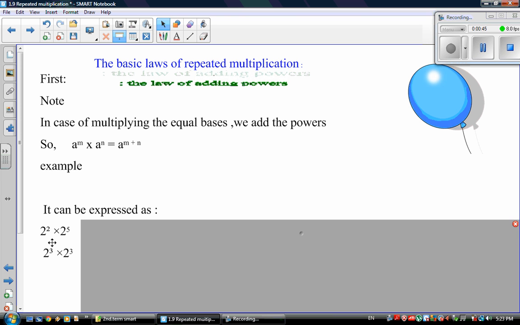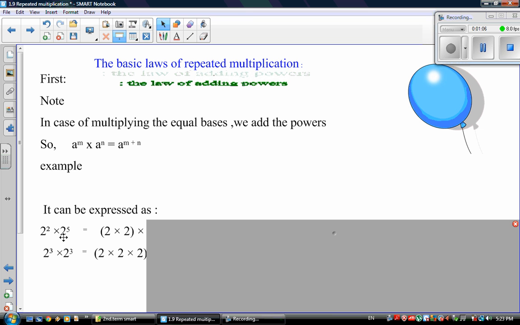Okay, here you have 2 to the power 2 multiplied by 2 to the power 5. Let's try to solve it. 2 to the power 2 is 2 multiplied by itself 2 times, so we write 2 times 2.